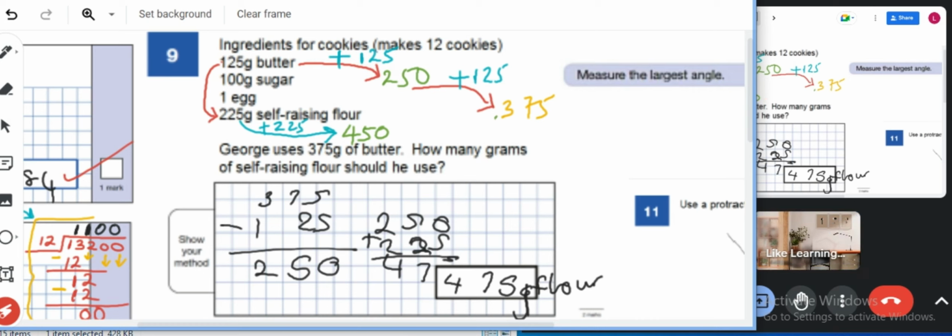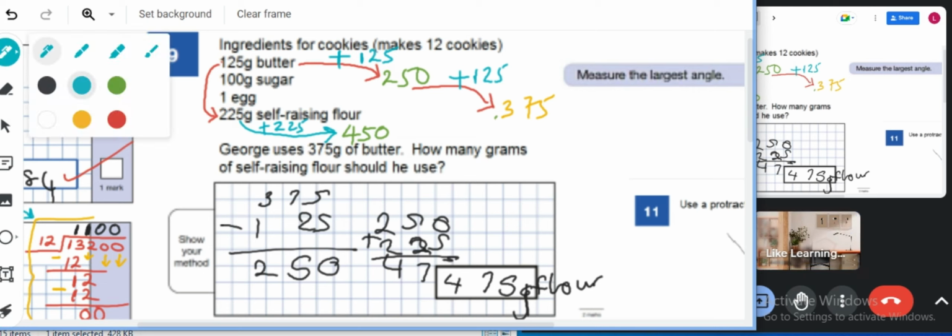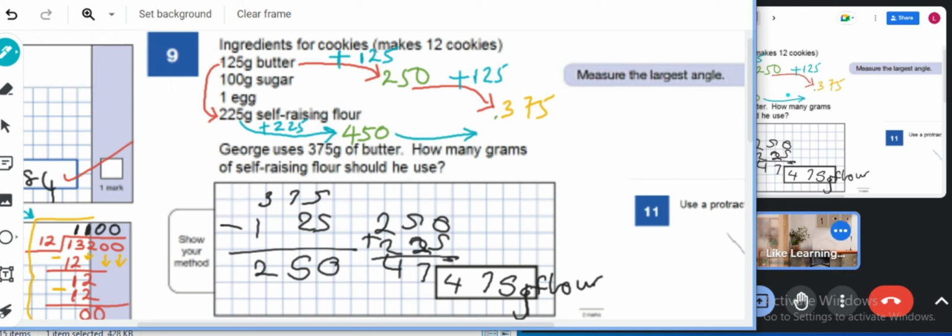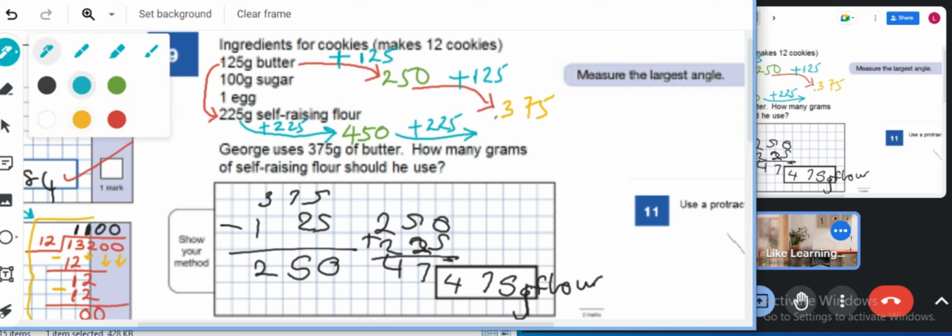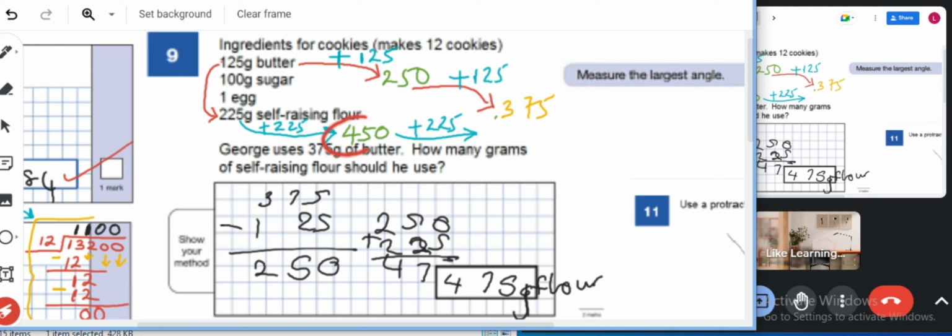Plus 225, so I have to add it again. 450 plus 225 is going to be 675.